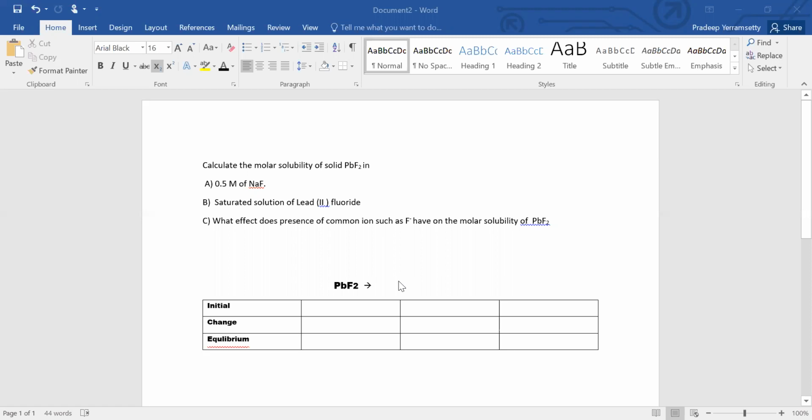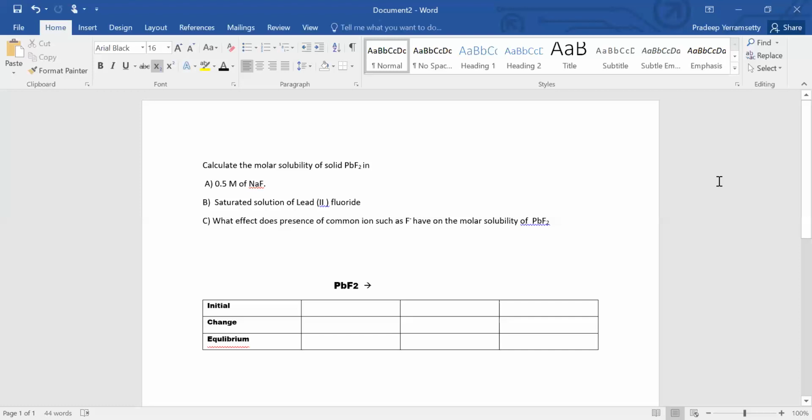And C is what effect does the presence of common ions such as F minus have on the molar solubility of PbF2. Can you first write the equation for this?